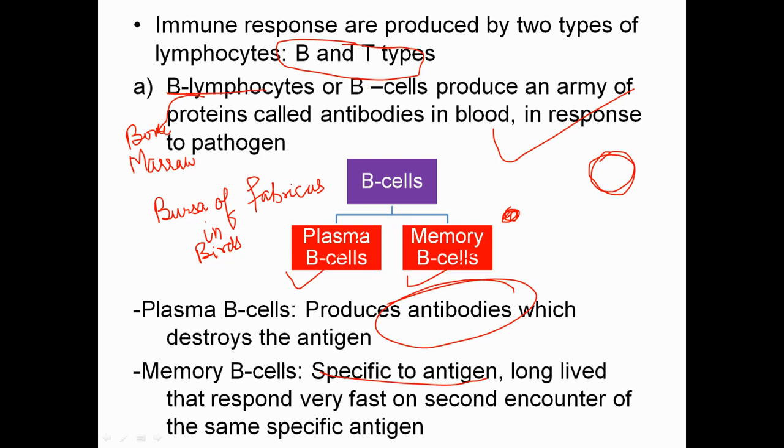What is secondary encounter, secondary response? What is primary response? First of all, imagine a body. I'm making a raw body like this, and the first time a pathogen just comes inside the body. So the body is not able to recognize it all of a sudden.